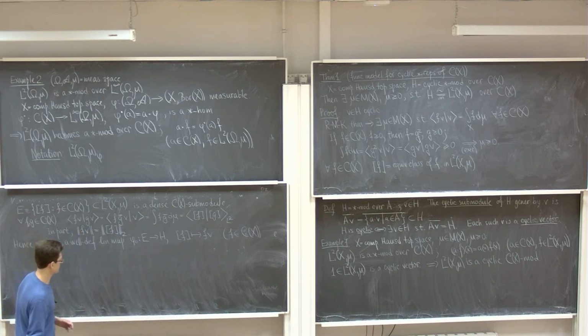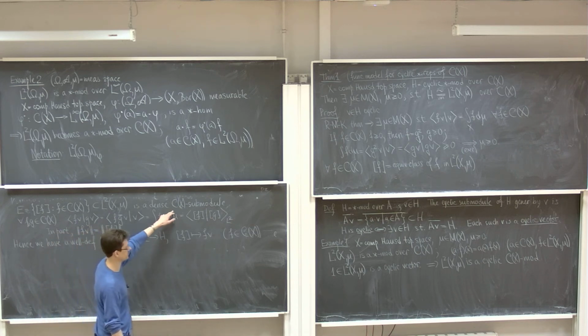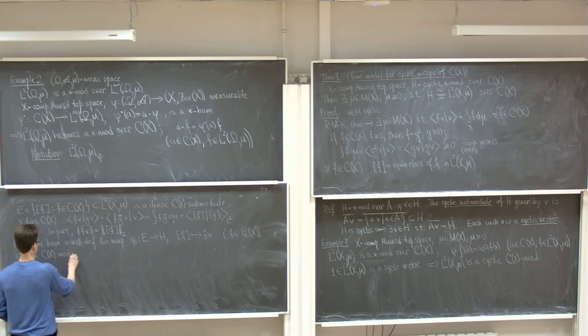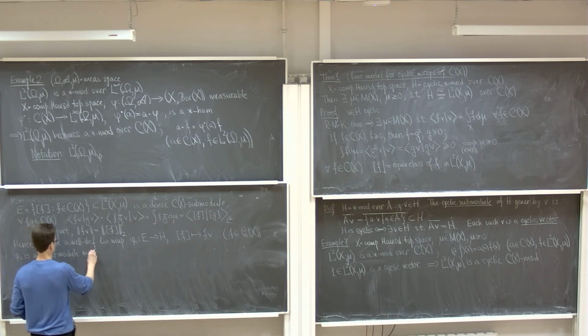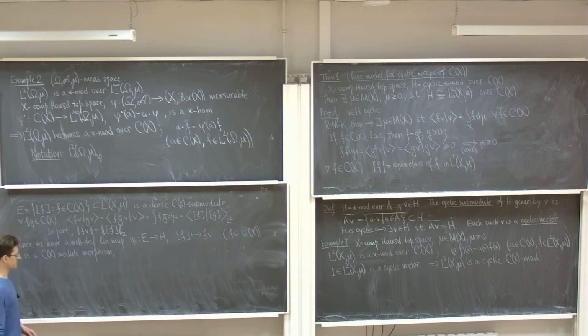Moreover, it's clear from the construction that phi 0 is a C(X) module morphism. Also, its image is dense.